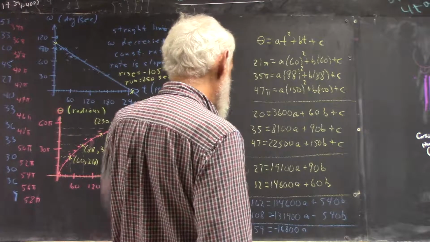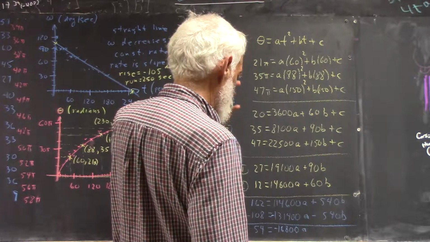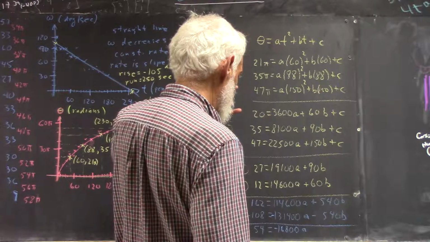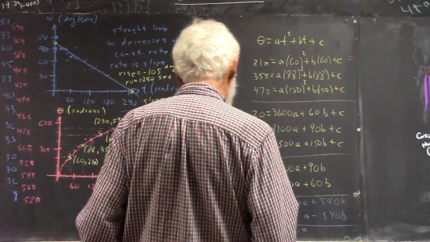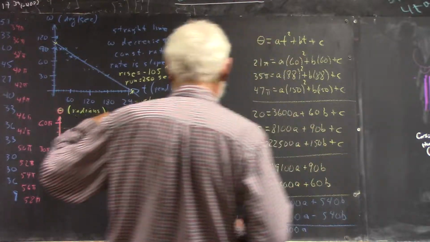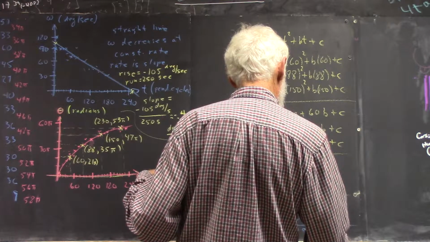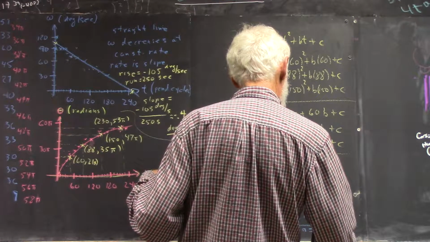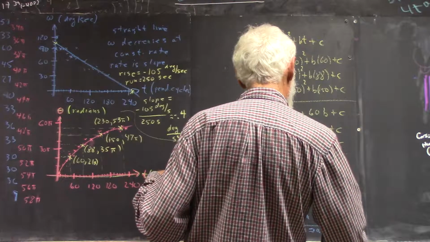Okay? It's 3 times that. I'll give you like 50,000 and yeah. So A is pretty close to negative 0.003.